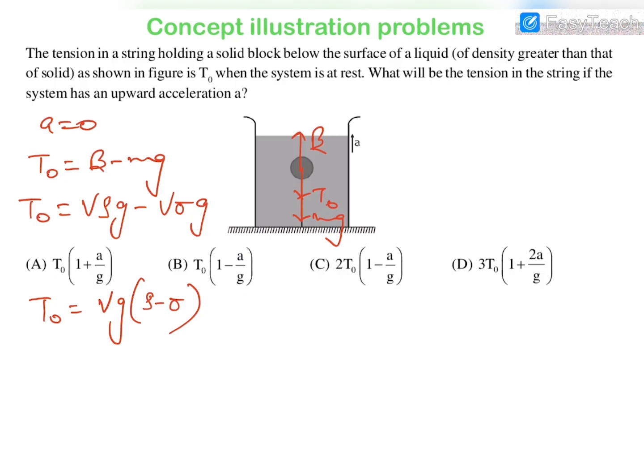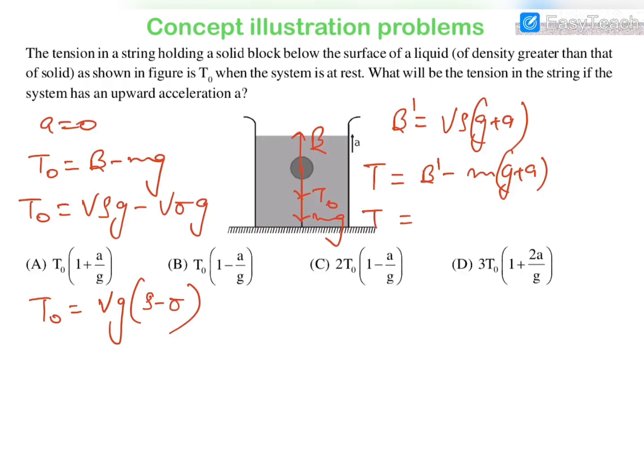Now when this container is accelerated in the upward direction, the new buoyancy will be V into rho into (g plus A), and the new tension T will be equal to the new buoyancy minus m(g plus A), because pseudo force will also be acting on the ball in the downward direction.